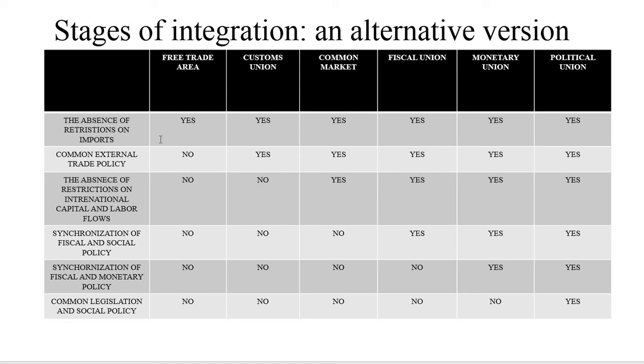Fiscal union should occur before monetary union, and monetary union should occur before political union. So fiscal union basically means full business cycle synchronization. So there are no asymmetric shocks, there are no discrepancies in terms of government spending, public debt, and budget deficit, and so on and so forth. So basically it just implies fully synchronized fiscal policy.